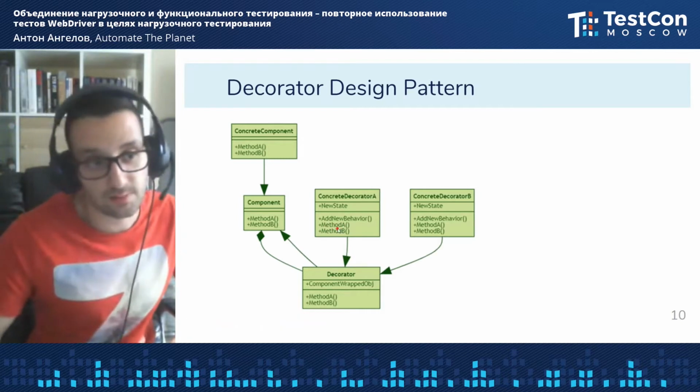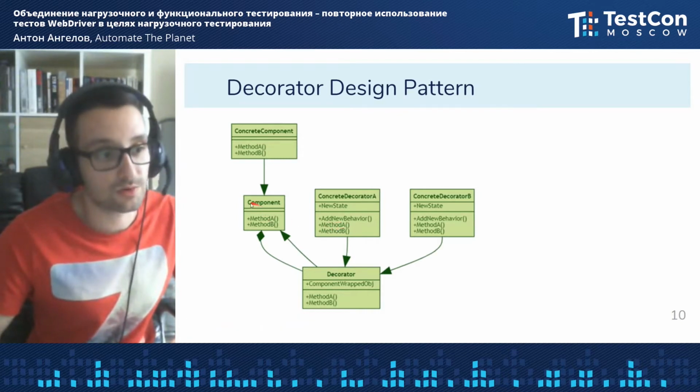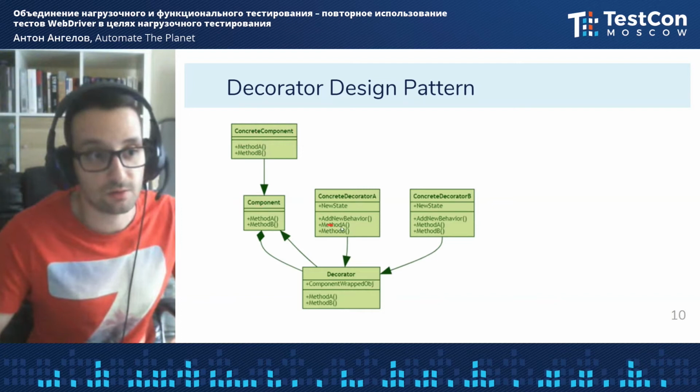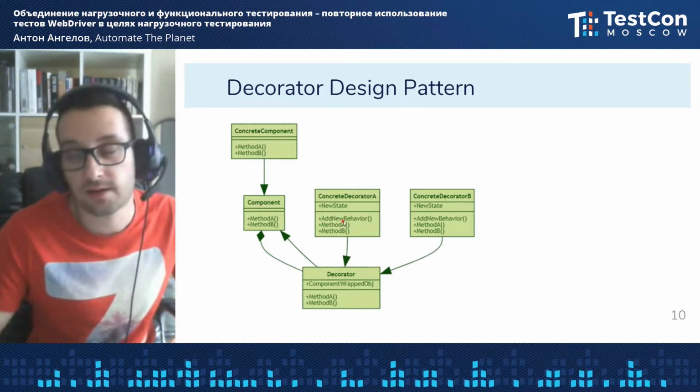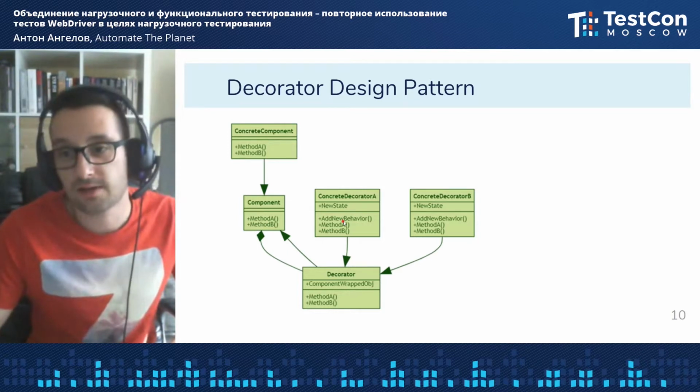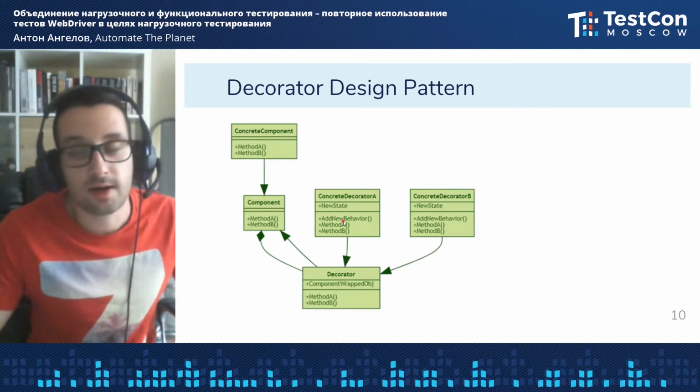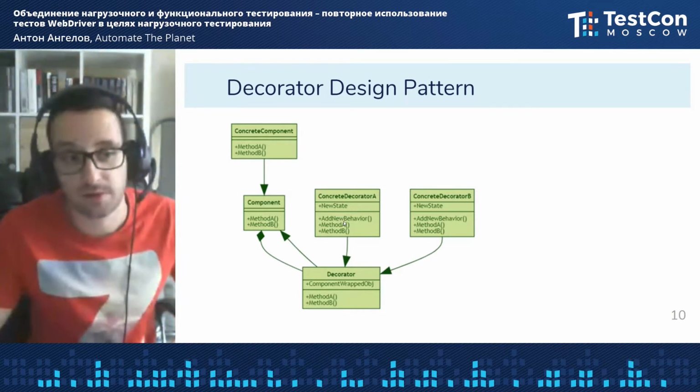Here we have the same method called type text. We use the original implementation called, for example, element type text, and then we add the additional behavior. In our examples, we'll add, for example, logging before typing or after typing.